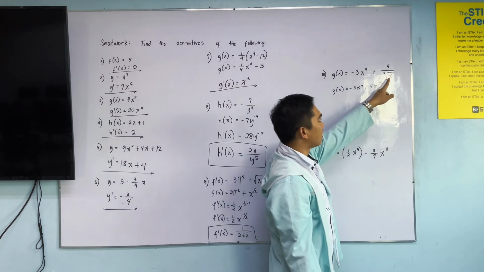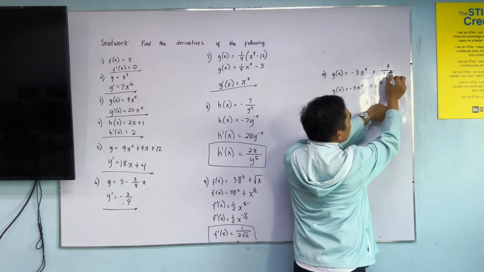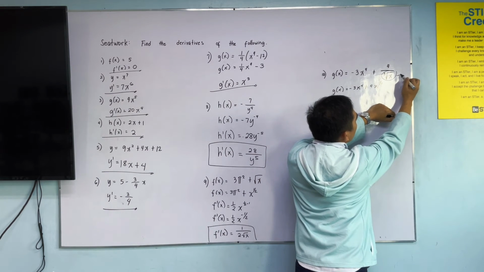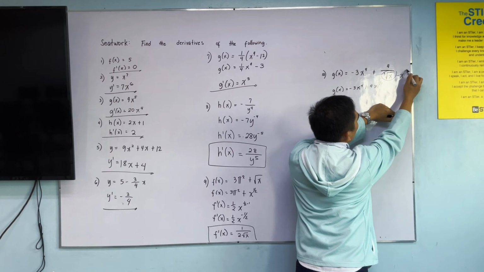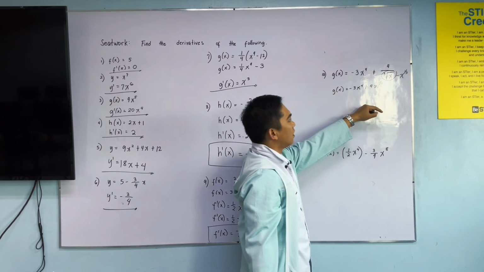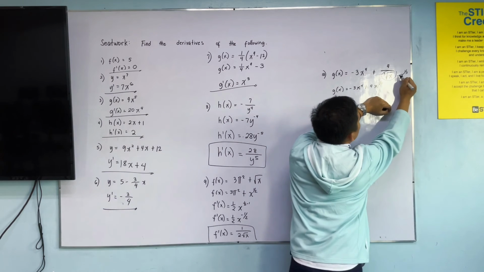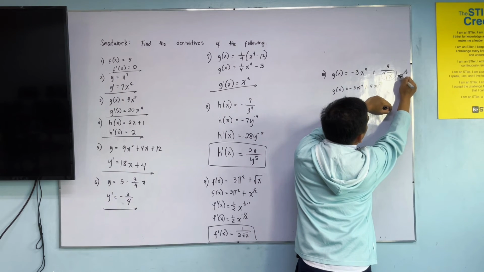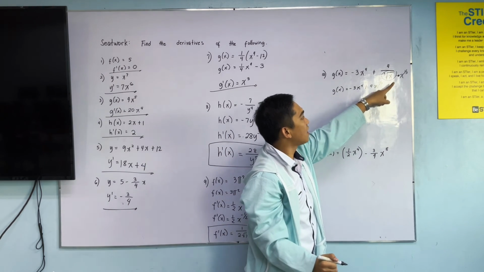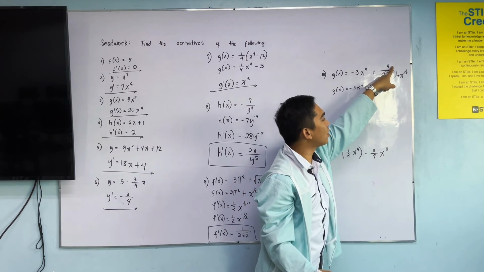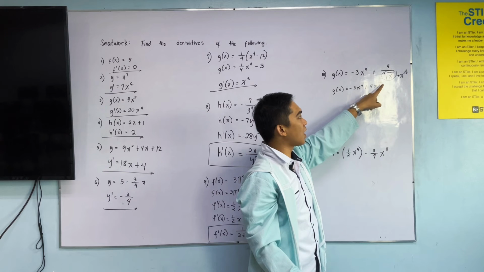Kasi cube root. Kapag nina-write natin to, this will become x raised to 1/3. May arrow natin, baka mapagkamalang negative. Katumbas niya. Now, iaangat natin dito, kaya magiging negative na siya sa numerator.